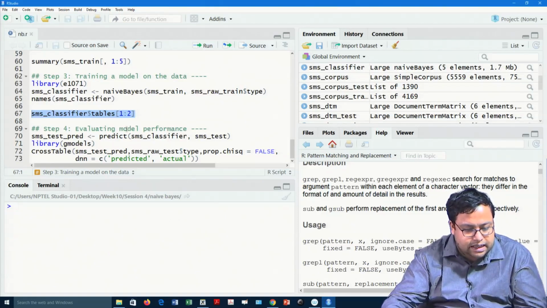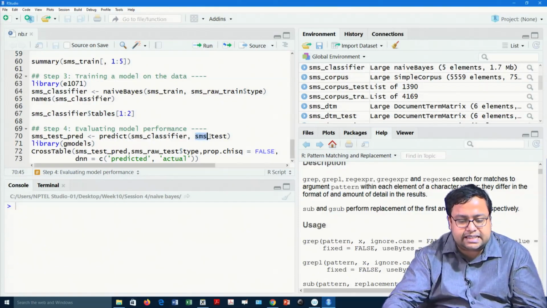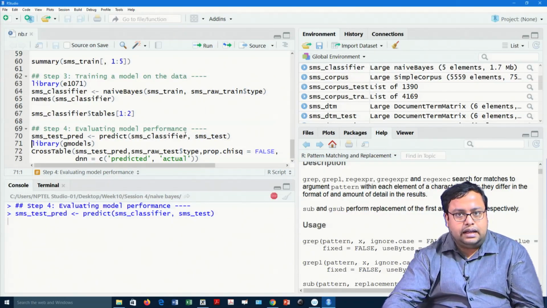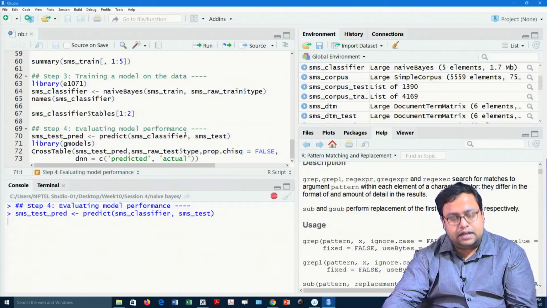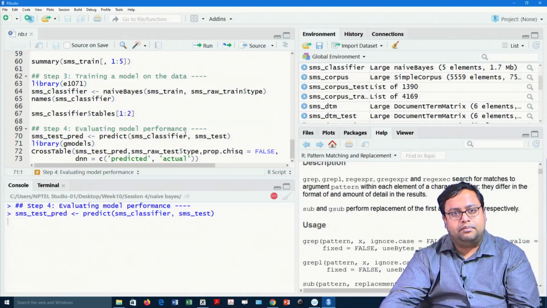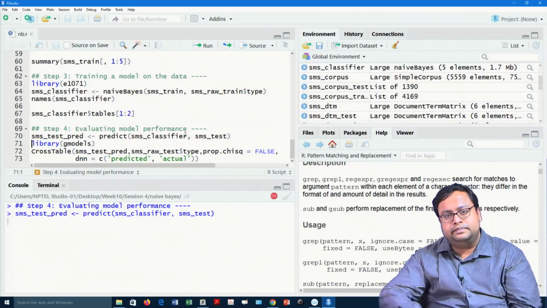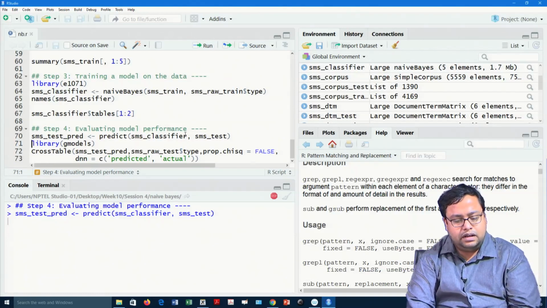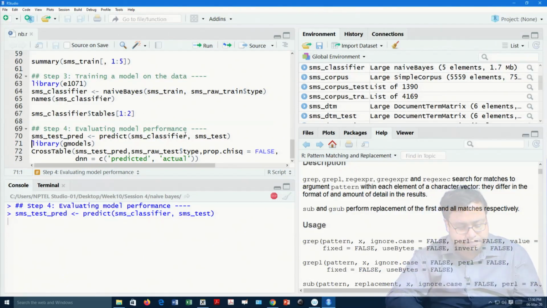That is something we are trying to find out here. Now, based on this, I will predict with my SMS test as my testing data, and then we will see whether the prediction is working well or not. Let it predict; it might take another minute.